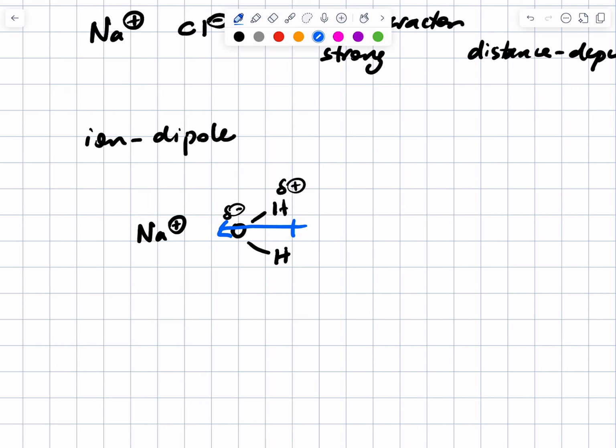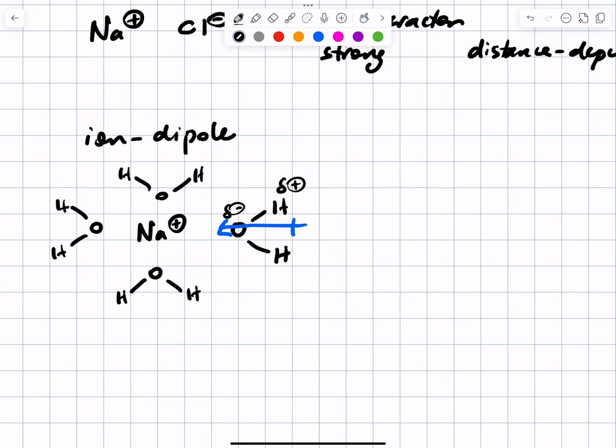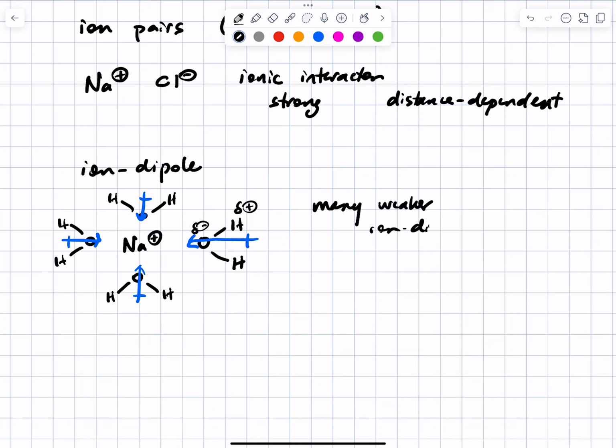Multiple water molecules can orient themselves such that the negative end of their dipole is oriented towards the ion. And in so doing, you can replace one strong ion pair with many weaker ion dipole interactions. And in that way, the water molecules can actually get in and separate the sodium and the chloride ions.